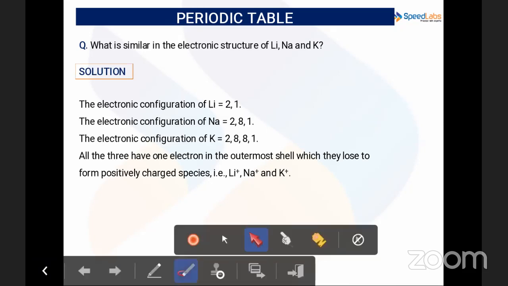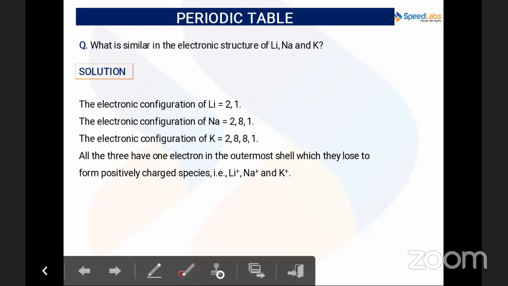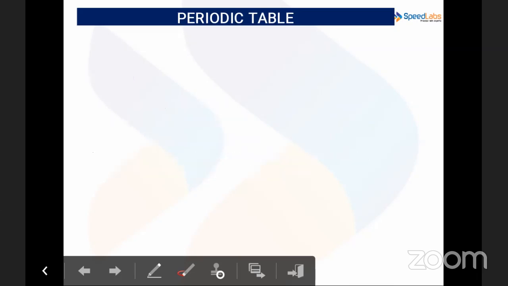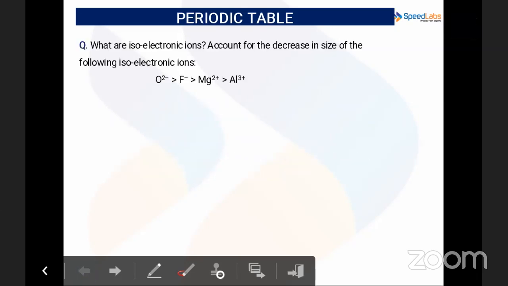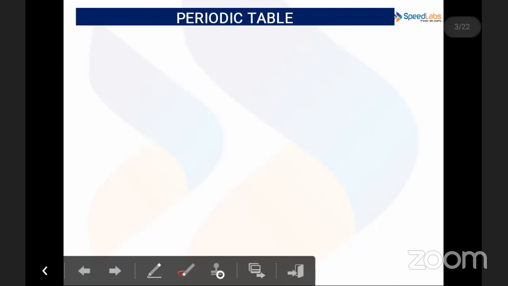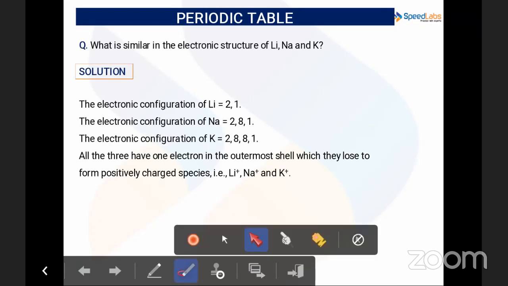We have already talked about electronic configuration. For lithium, the atomic number is 3, so you can say the electronic configuration is 2, 1. If you look here, I have written the electronic configuration of lithium as 2, 1.